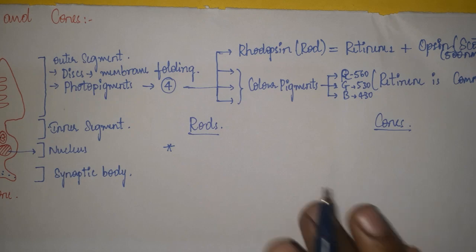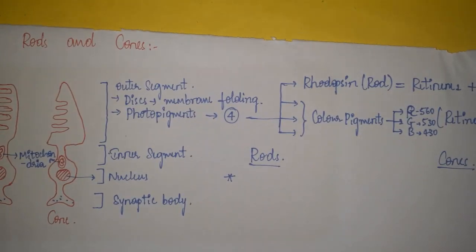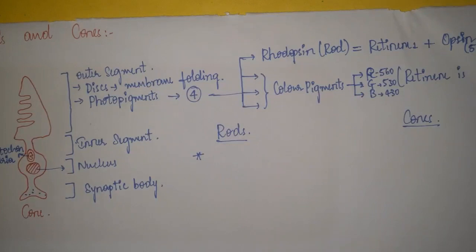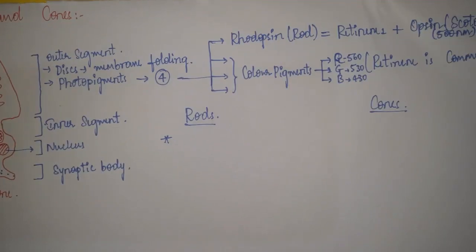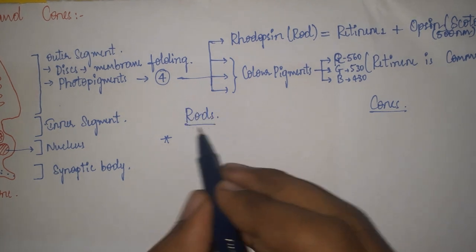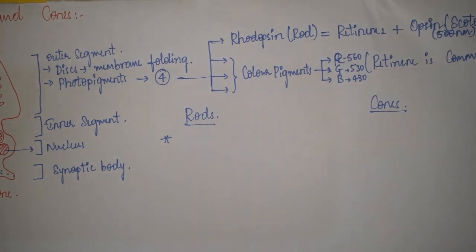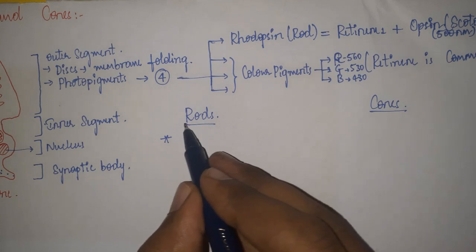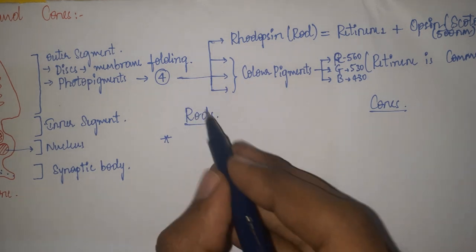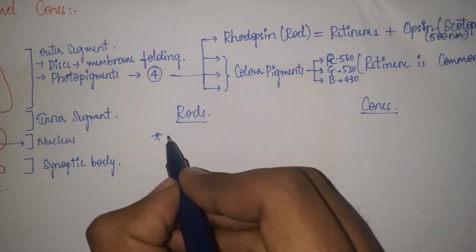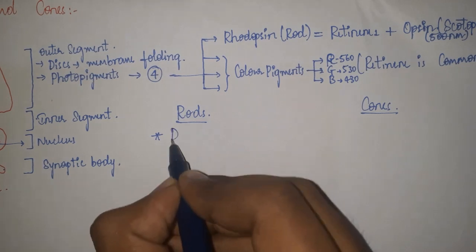Not like that. All the photopigments are sensitive to light only, but their activity differs. Rhodopsin, present in rods, is active in dim and dark light. Simple.